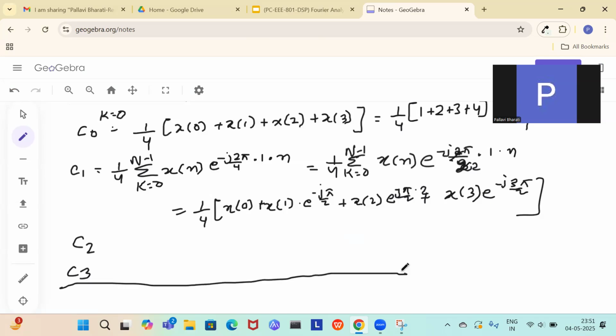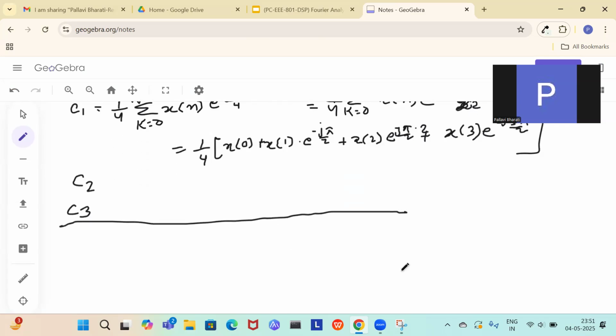Then after this, you are going to find out D0, D1, D2, and D3, with the same method. After that, the final answer will be C0 D0, then you are going to multiply, C1 D1, and so on.